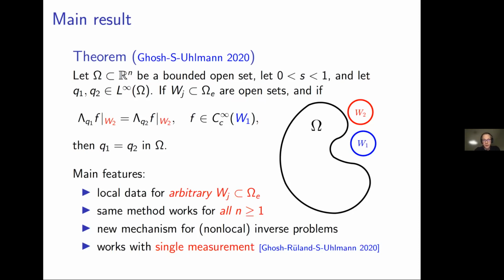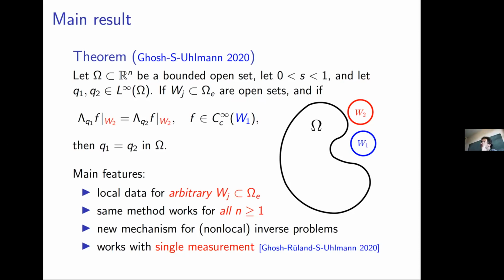It is an interesting question whether you could take the limit when s goes to 1 and recover some result in the classical Calderon problem in this way, but so far this has not been possible. It seems that there's some kind of phase transition when s goes to 1, so it's not easy to get results in the classical case from the fractional ones.